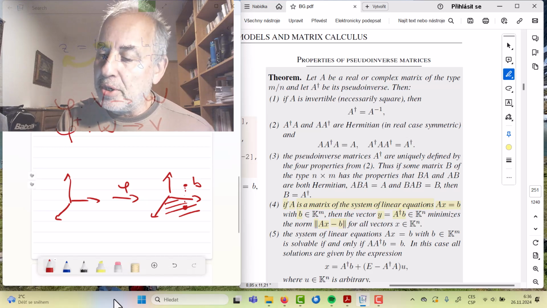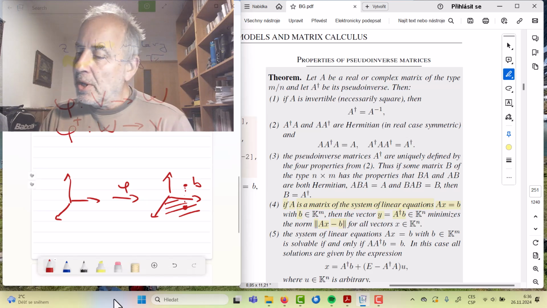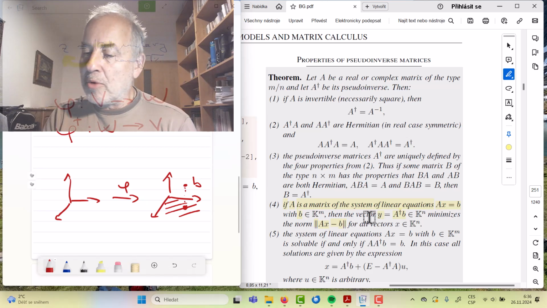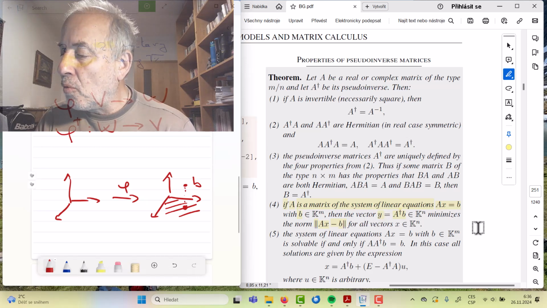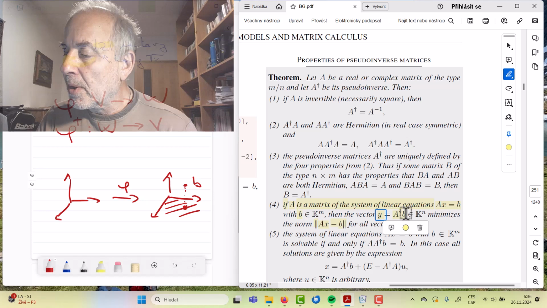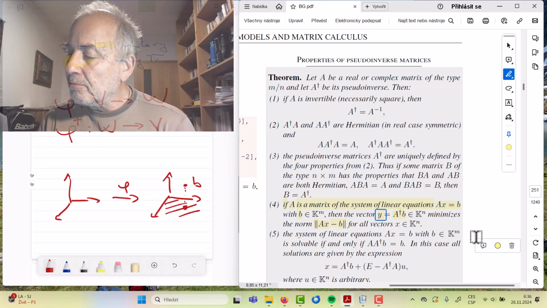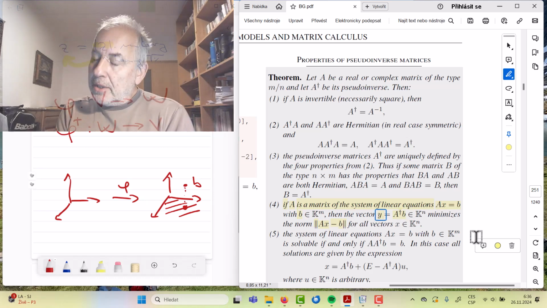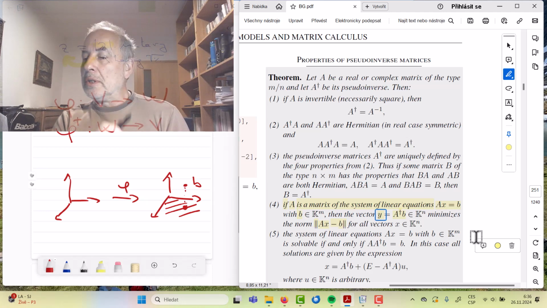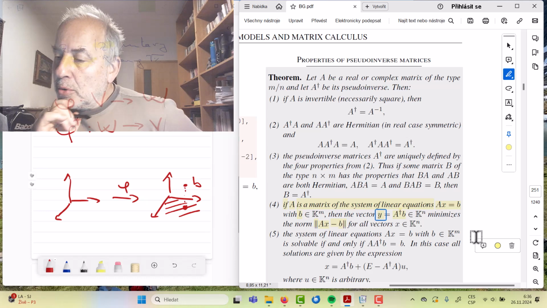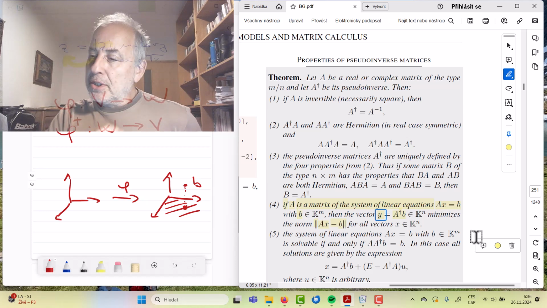And I take the pre-image of that, and that's one of them, right? So here in my case, that will be the y, and in the end of the day I get the best possible approximation to a solution. So that's how the pseudo-inverse matrices work.